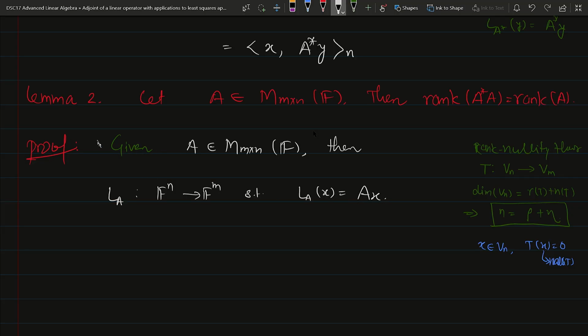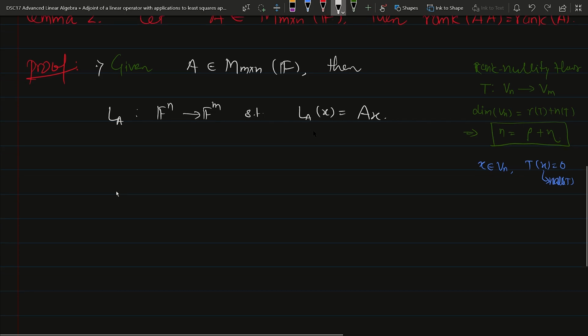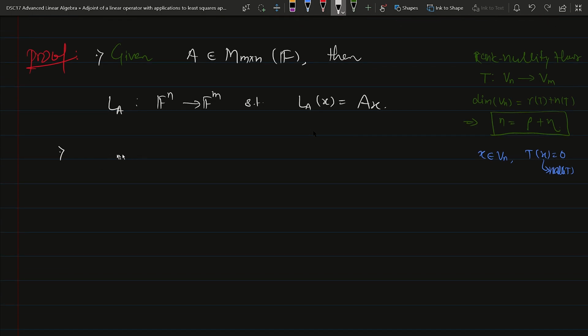Okay, now you have that. What about A star? So this is a matrix from n cross m, entries are coming from the field F. Then you can consider L A star, that will be from Fm to Fn.